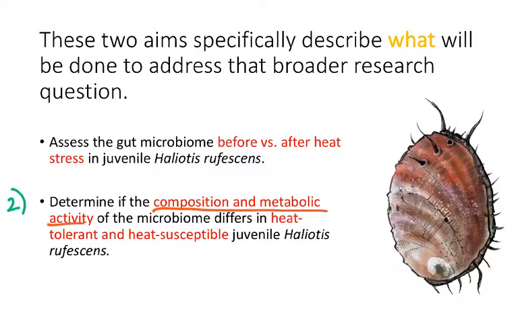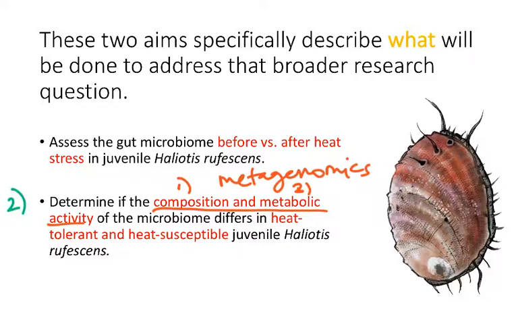So this particular study that I am using as an example is a metagenomics study. And if you remember from our species module, we talked about one of the advantages of metagenomics, that it's able to tell you, first of all, what type of bacterial species are there, so who is there, but also what they're doing.